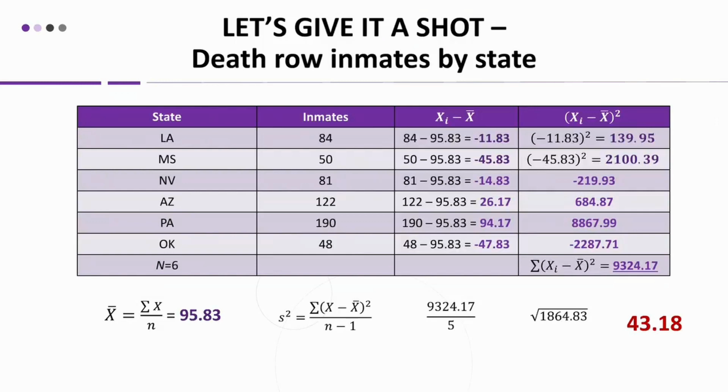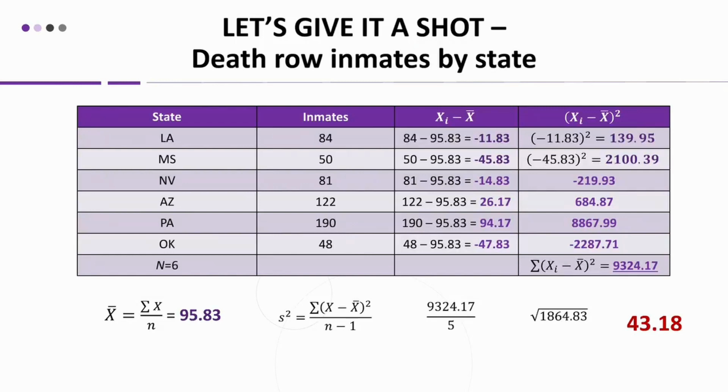And also I don't have anything mapped out for this, but I'll try to do some calculations in my head right now. 43.18 is the standard deviation, with a mean of 95.83. We should know that 2/3 of the values are within one standard deviation above and one standard deviation below 95.83.